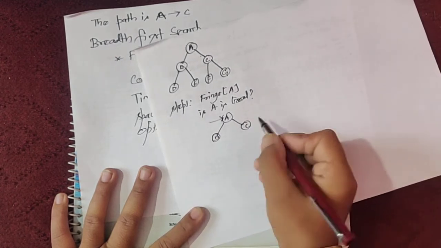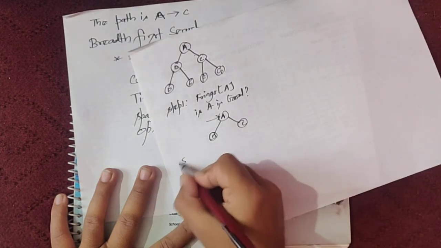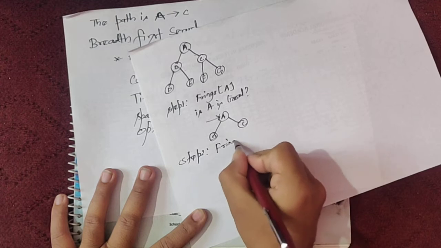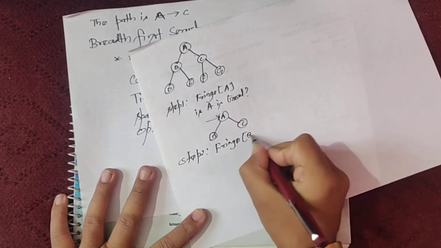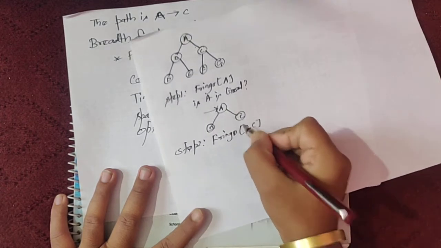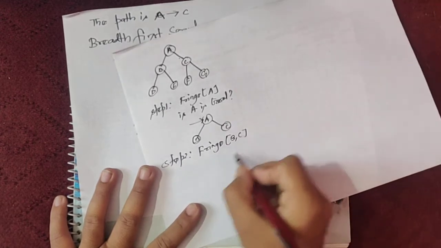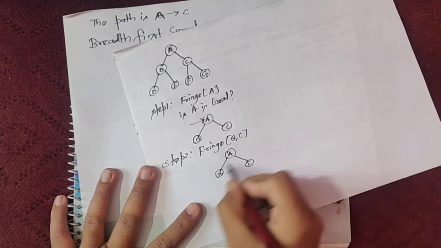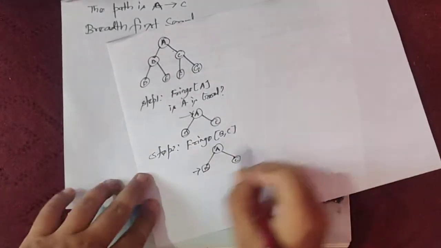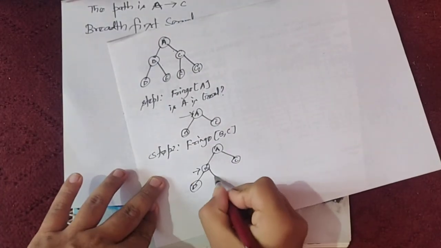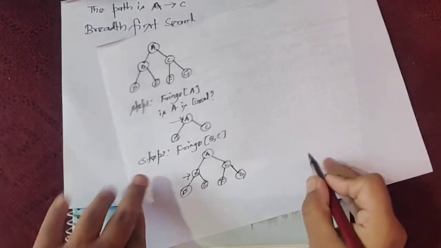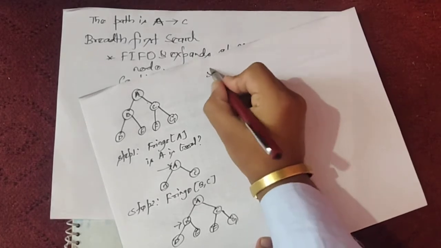Is A the goal? No. So we move to step 2, and the fringe becomes B and C. A is not a goal node, so we move to B and C. B is not the goal node, so D, E, F, and G. So step 3.